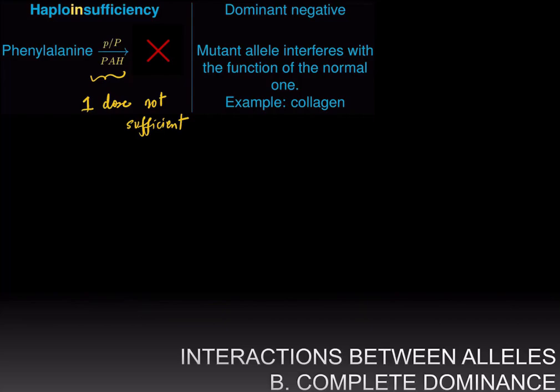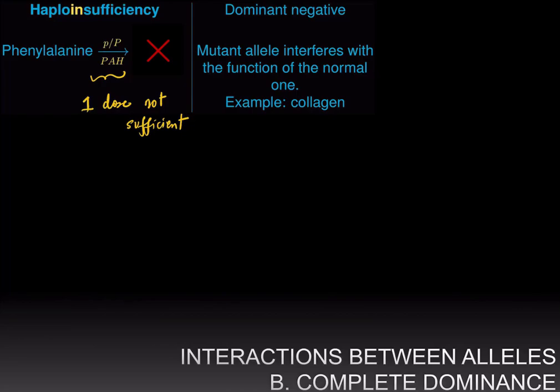Then these heterozygous individuals would have had a buildup of phenylalanine, which would have gotten converted to phenylpyruvic acid, and which would have accumulated in the brain, giving these individuals PKU. And then the little p allele would have been dominant rather than being recessive, since the het would be affected by PKU. And so that's haploinsufficiency, where one dose is not sufficient for achieving the wild type phenotype.